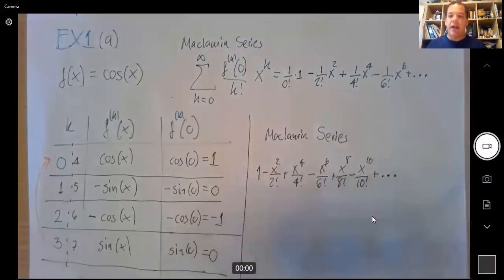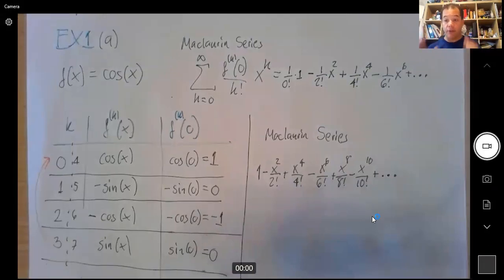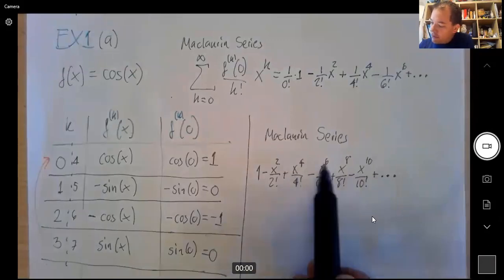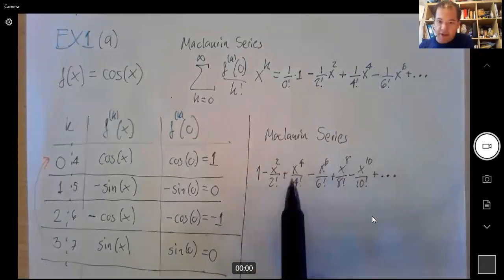Now, how do we write this one in sigma notation? Notice that we go over the even numbers only and that it alternates signs.